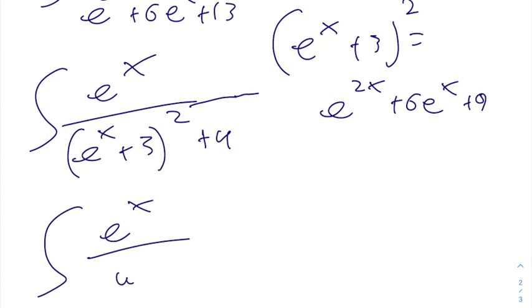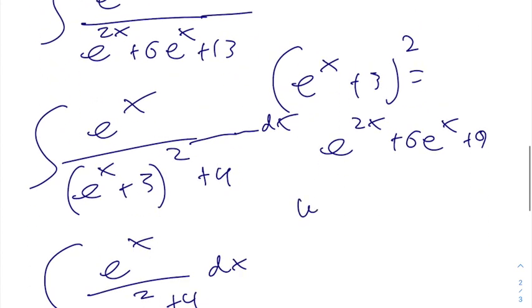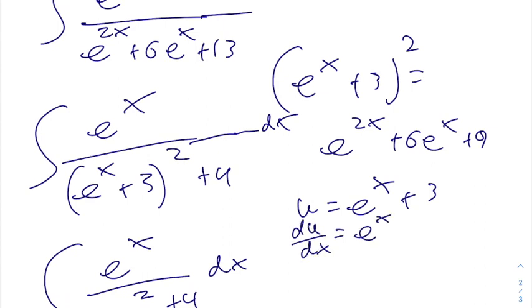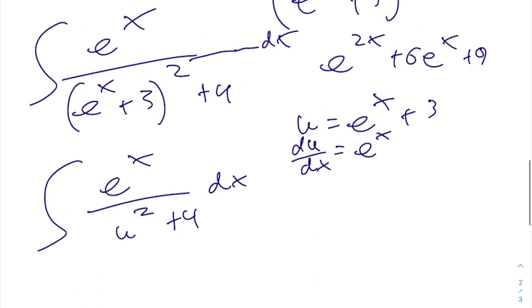Okay, so now I can rewrite the whole integral in this way. I can write it now as u squared plus 4, and there's dx here. If I let u equal e to the power of x plus 3, then I know that du over dx is e to the power of x, and because we're writing the function in terms of u now, dx would be du over e^x.